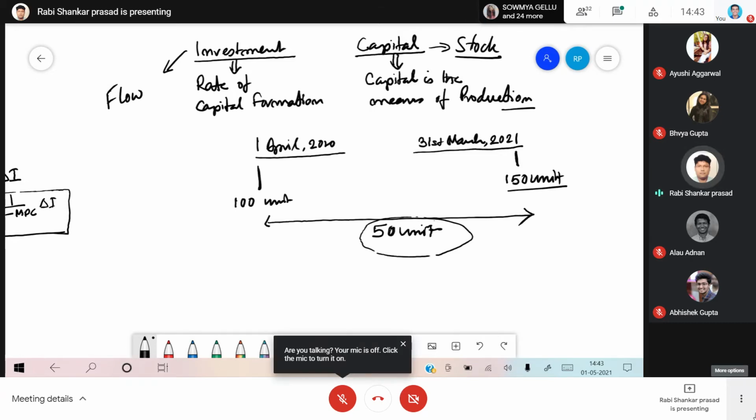Human capital like the trained persons, like doctors, engineers, your software engineers, your advocates, your professors, your teachers. These all come under the human capital because they are using this capital to produce further, taking the help of this capital for the further productions.